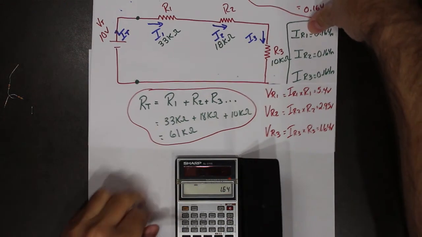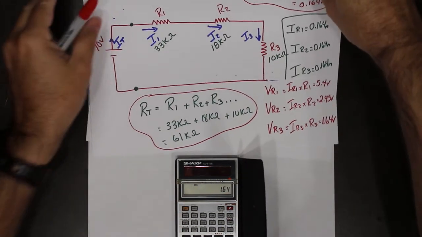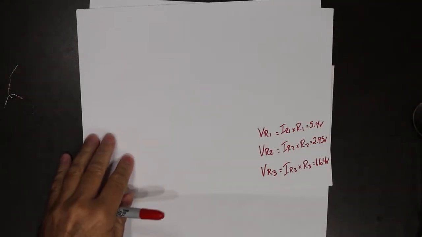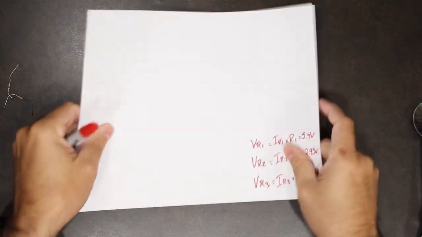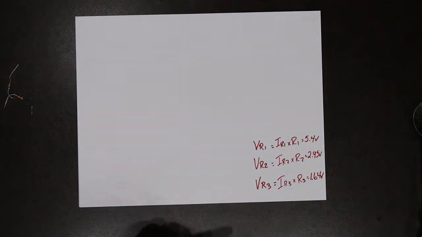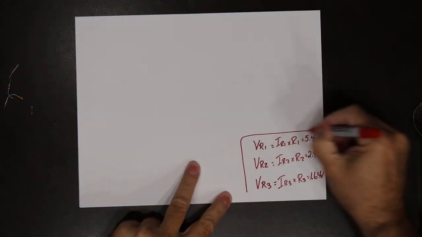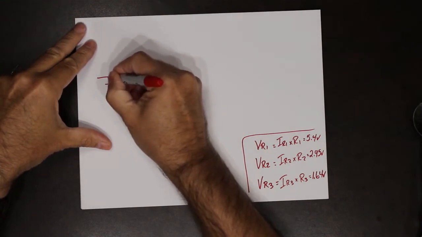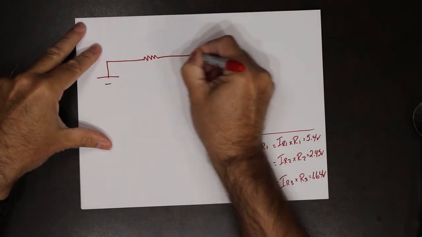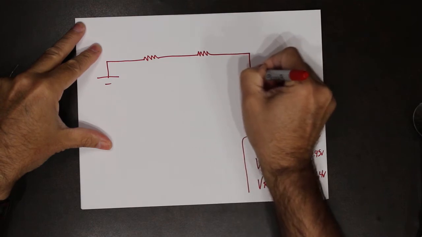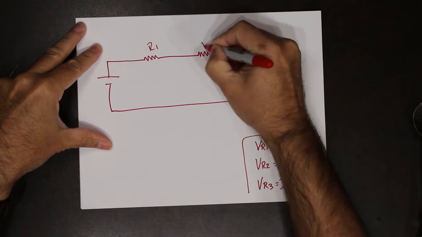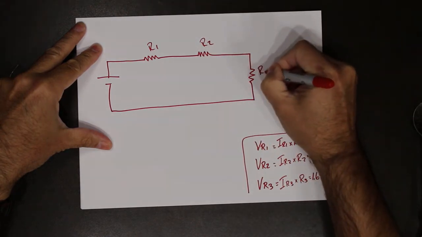So I'm going to pull this sheet off here. Those are my individual voltage drops. If I go back to my circuit, this was R1, this was R2, this was R3.